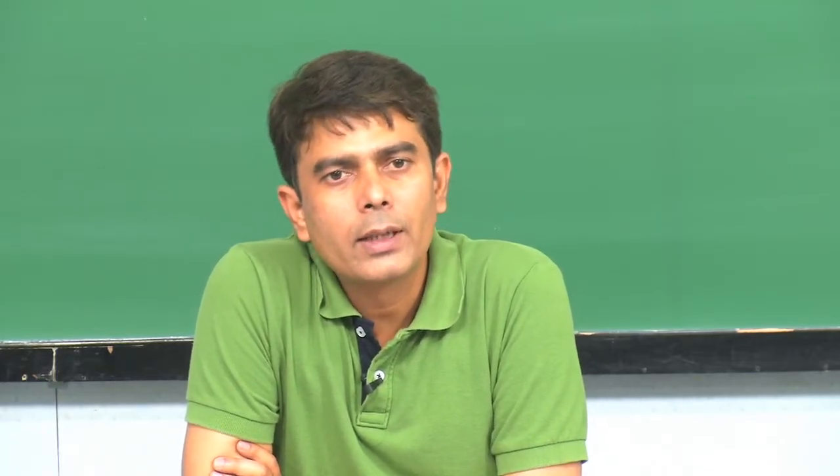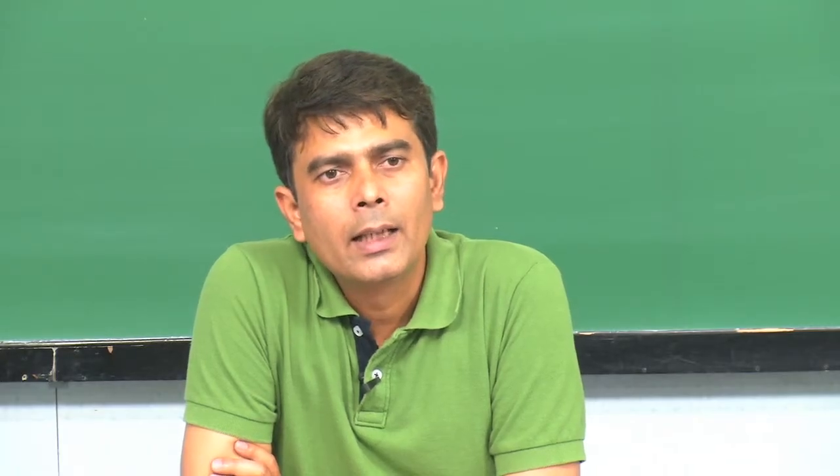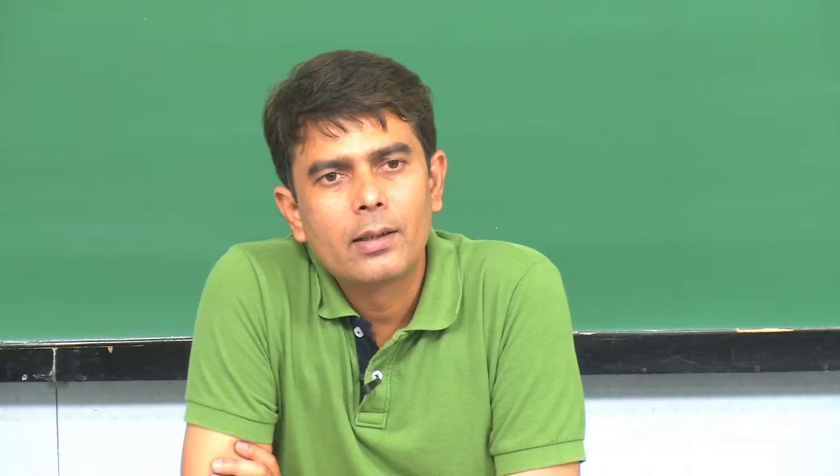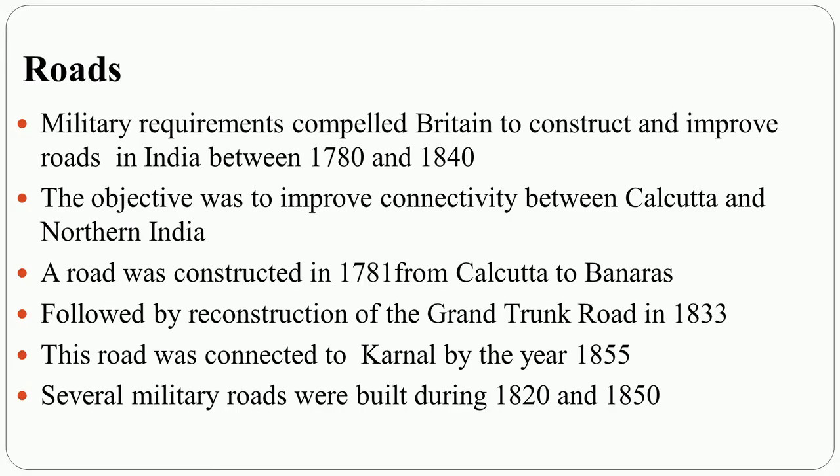Calcutta was the place where the East India Company was first established, and a road was constructed in 1781 from Calcutta to Banaras. This was followed by the reconstruction of the Grand Trunk Road in 1833, and again this road was connected to Karnal by the year 1855.